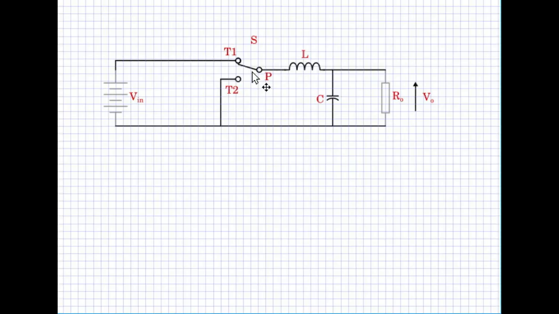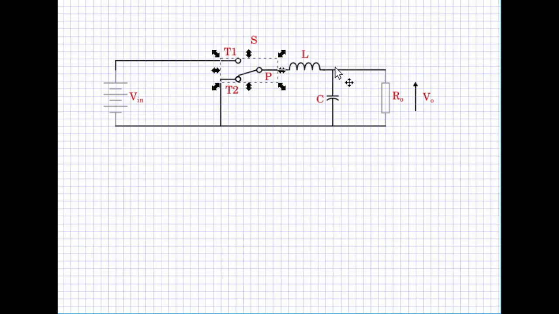The operation is pretty straightforward. When the pole is connected to throw T1, the pole voltage is Vin. The inductor starts charging up magnetically. The capacitor also charges up. When the switch switches to the other position, T2, the pole is at zero potential.